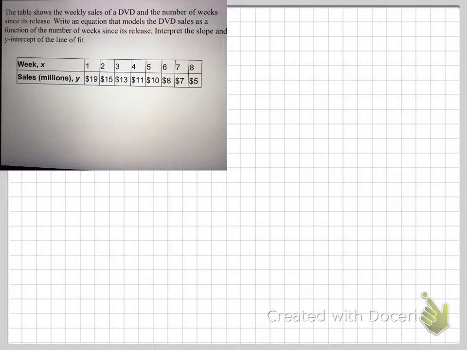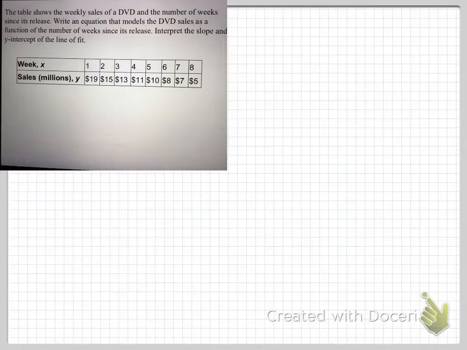So on my x-axis, hold on, I'm going to switch my graph paper to the small one. There we go.